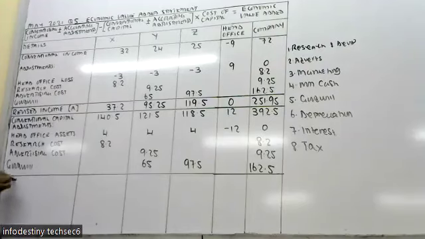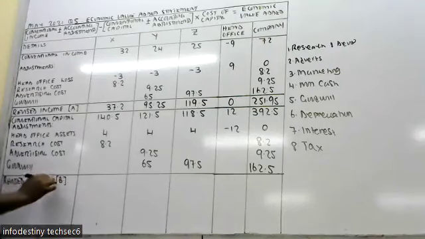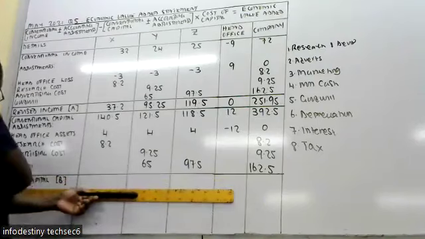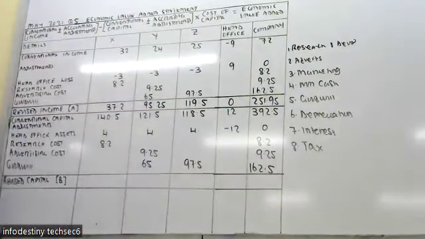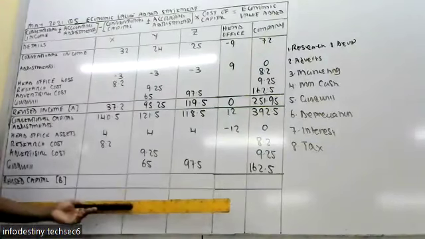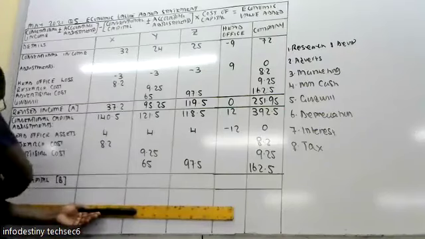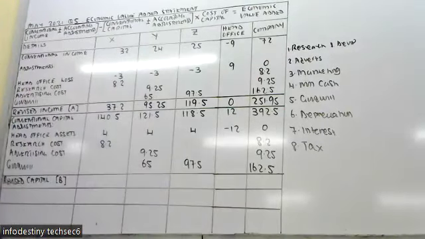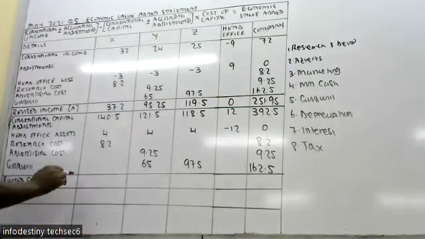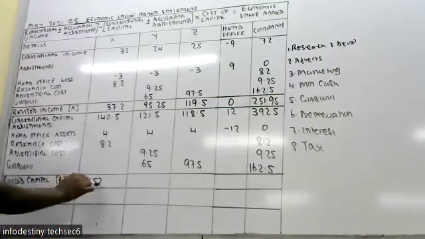So we get what we call revised capital, which is B here. Ya kwanza iko na 1.7.